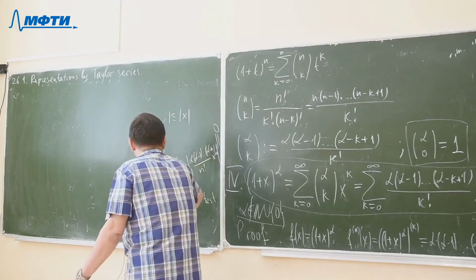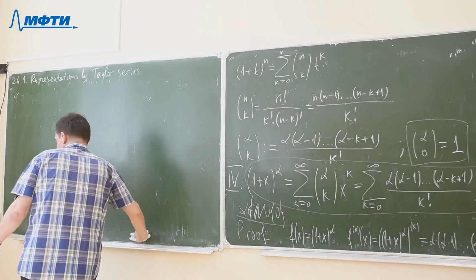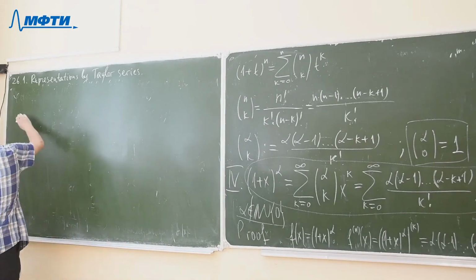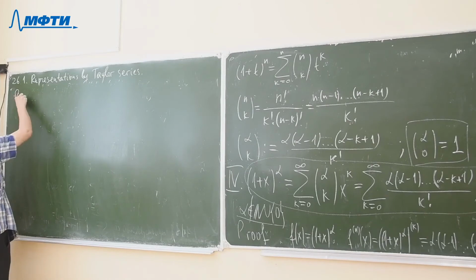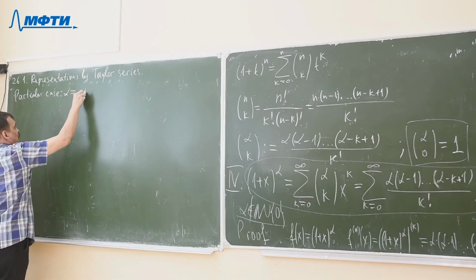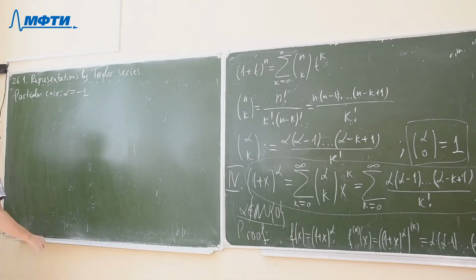So let us consider one particular case: alpha equals to minus 1. What do we have then?